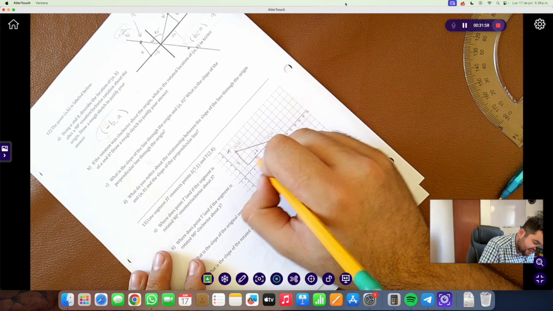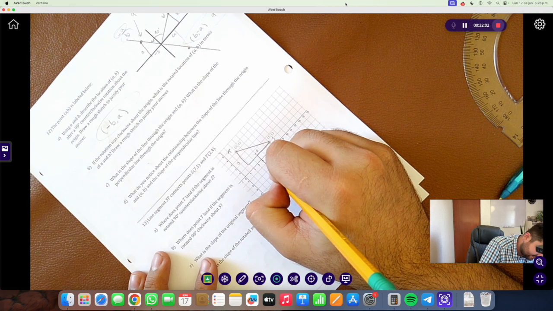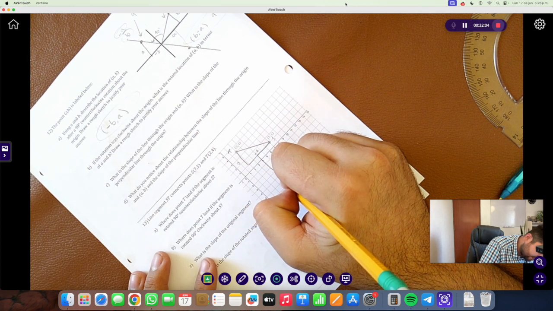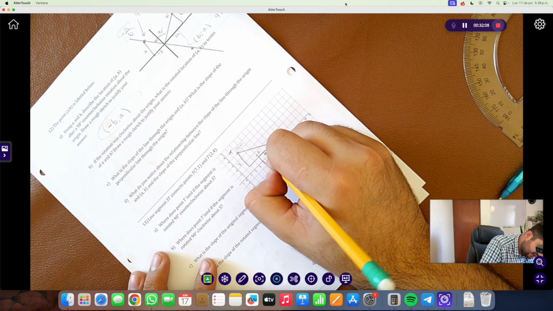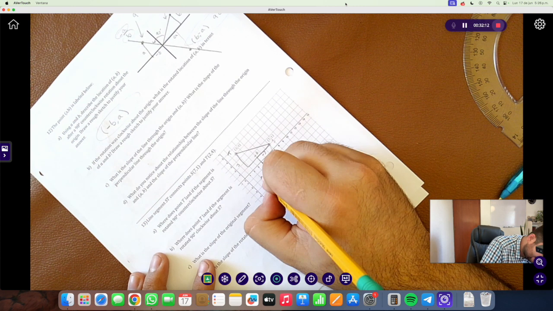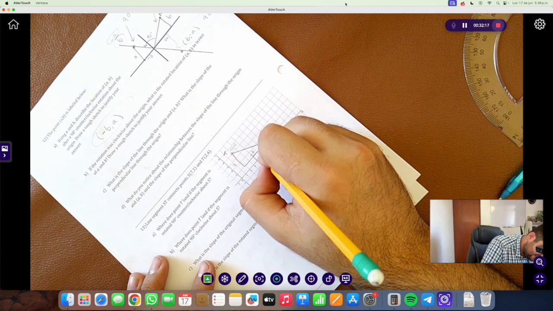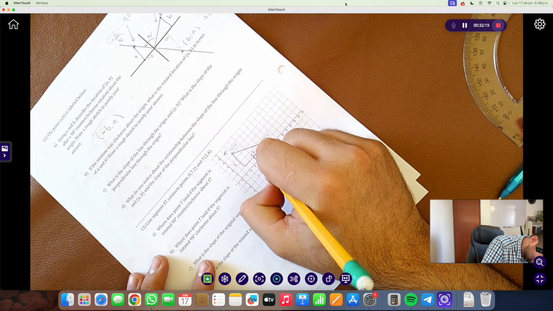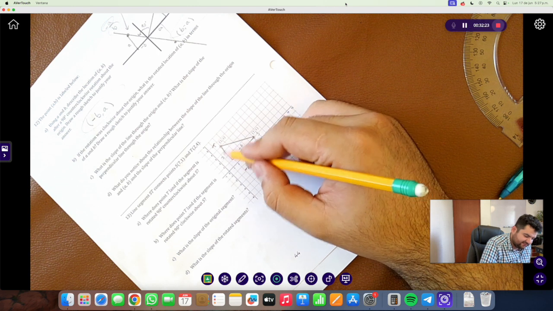So we do 3 and then 6. So look, now we have negative 3 and 6. And negative 6 and 3, sorry. What did I say? 3 and negative 6. Again, look how I flipped it, no?